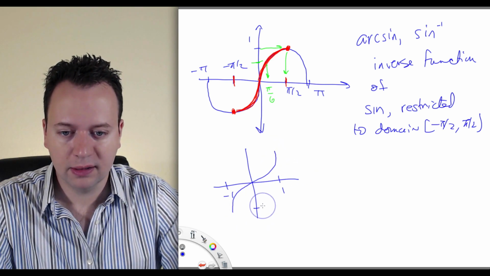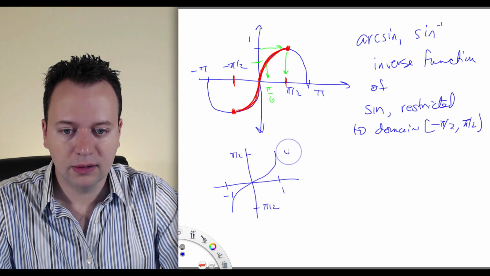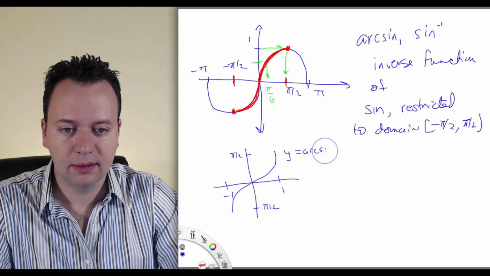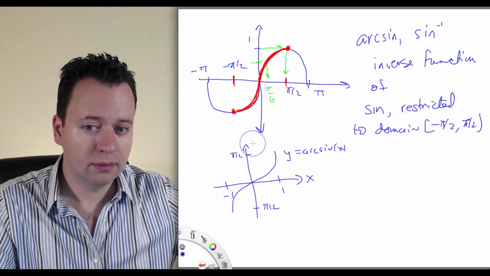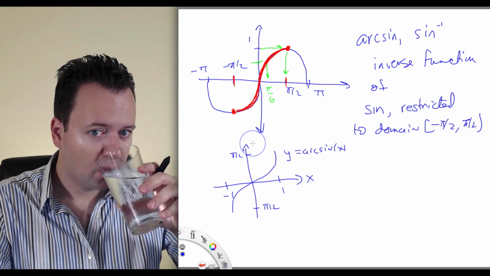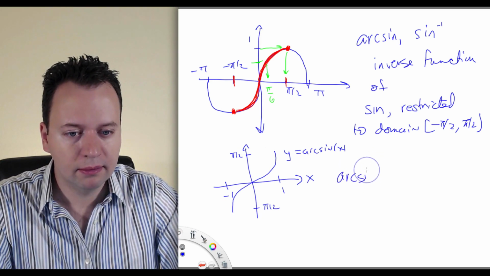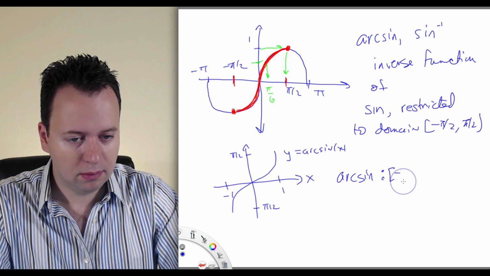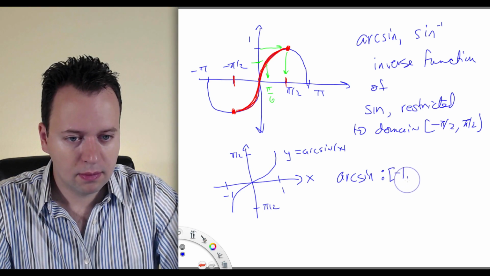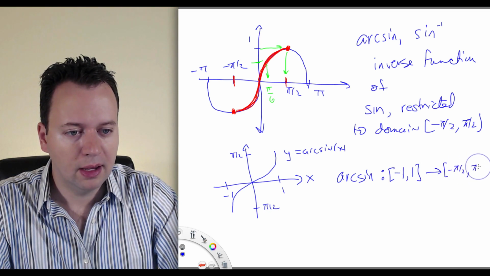So that's arc sine. This is minus pi over 2 and plus pi over 2. And this is y is equal to arc sine of x. So we can say that arc sine goes from minus 1 to 1, and it outputs something between minus pi over 2 and pi over 2.